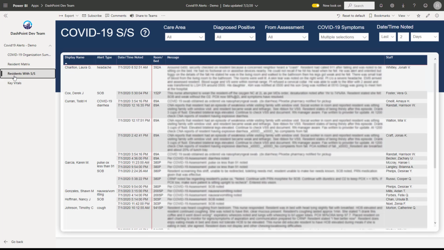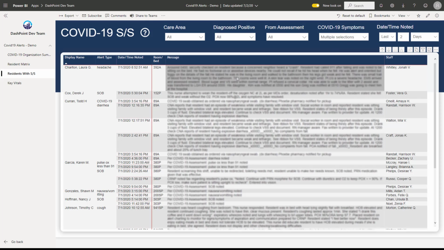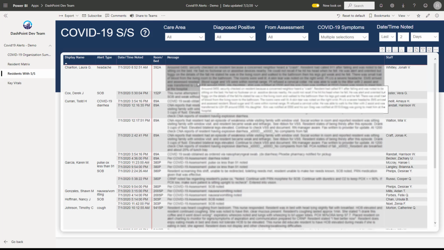The other area is this residents with signs and symptoms. Your infection control nurse might be particularly interested in this. This analyzes two areas. It actually will analyze your nurse's notes and look for any key signs and symptoms that may have been triggered. And it will use a sophisticated artificial intelligence to do natural language analysis to see if a particular sign and symptom is mentioned, and if it's indicating positive or negative of that particular sign and symptom.